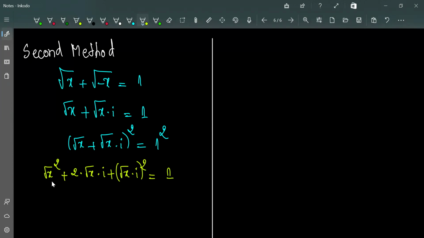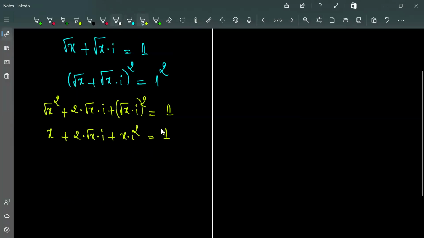So the square root of x squared is equal to x, plus 2 times square root of x times square root of x times i, plus x times i squared, equal to 1.